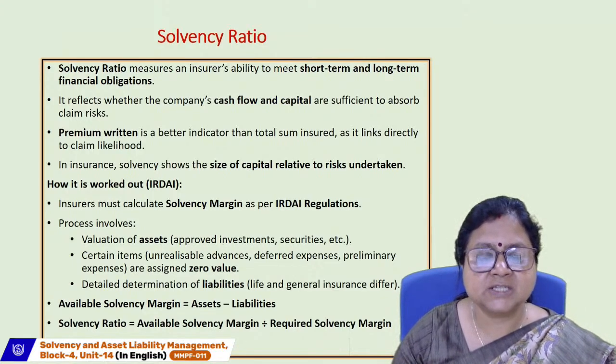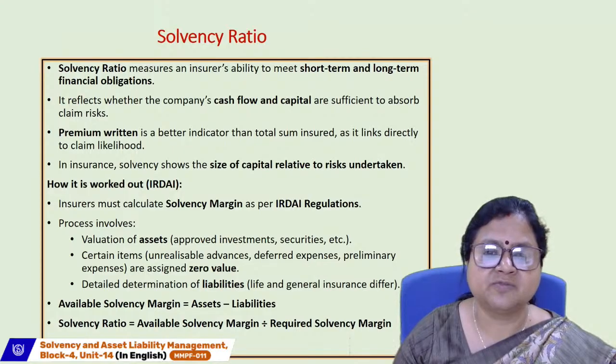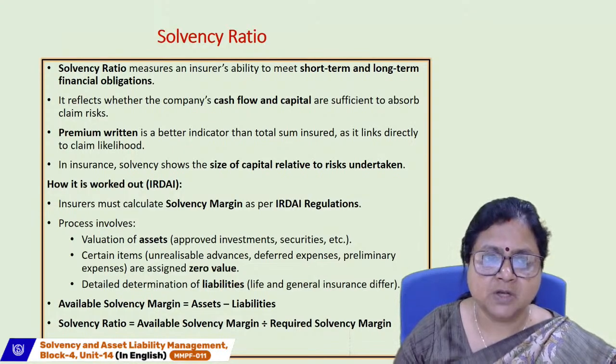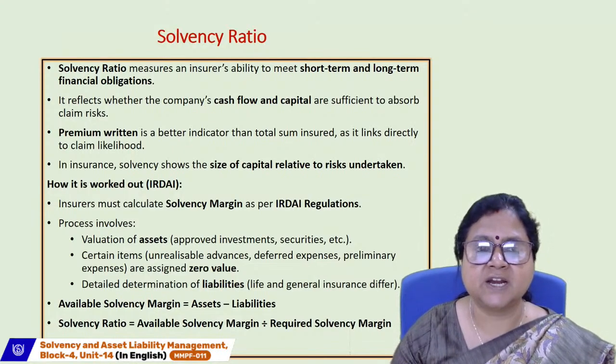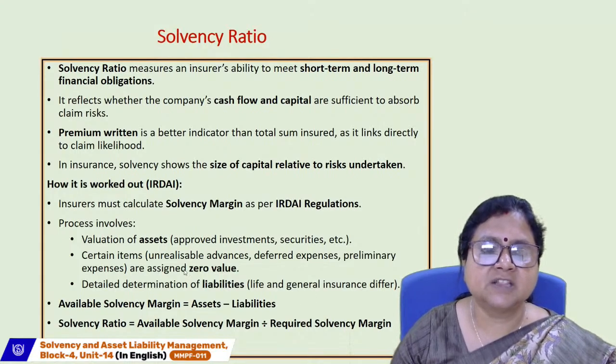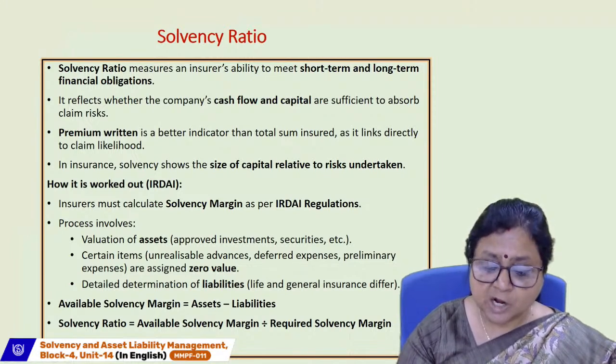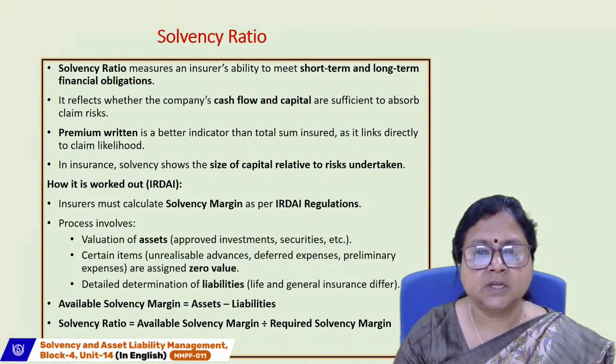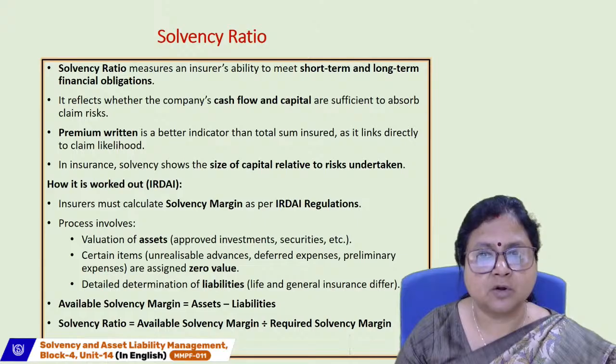Solvency ratio is a ratio which measures an insurer's ability to meet its short-term and long-term financial obligations. Same as the definition we learned in the first slide, what do you mean by solvency? It will tell how far the company is capable of meeting its short-term and long-term liabilities.